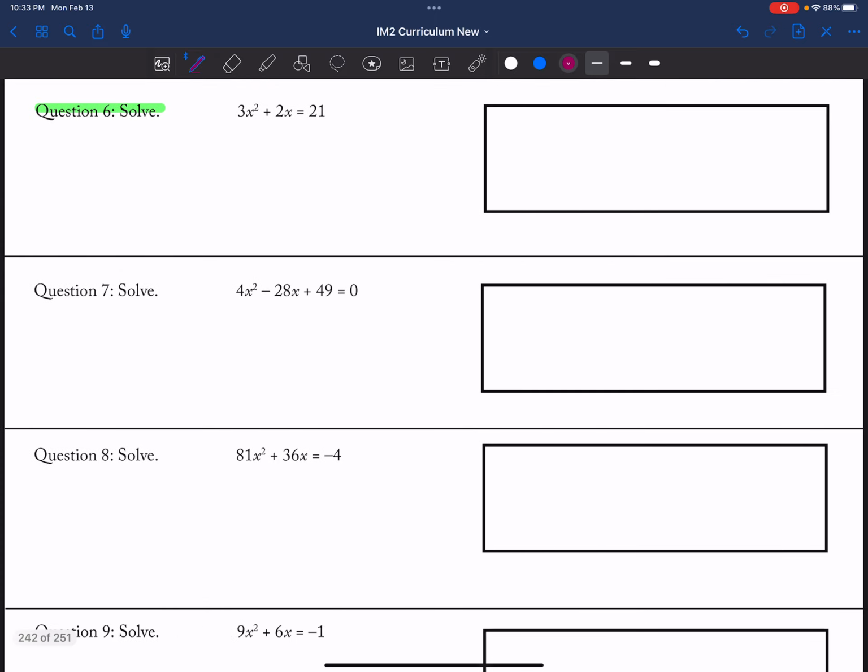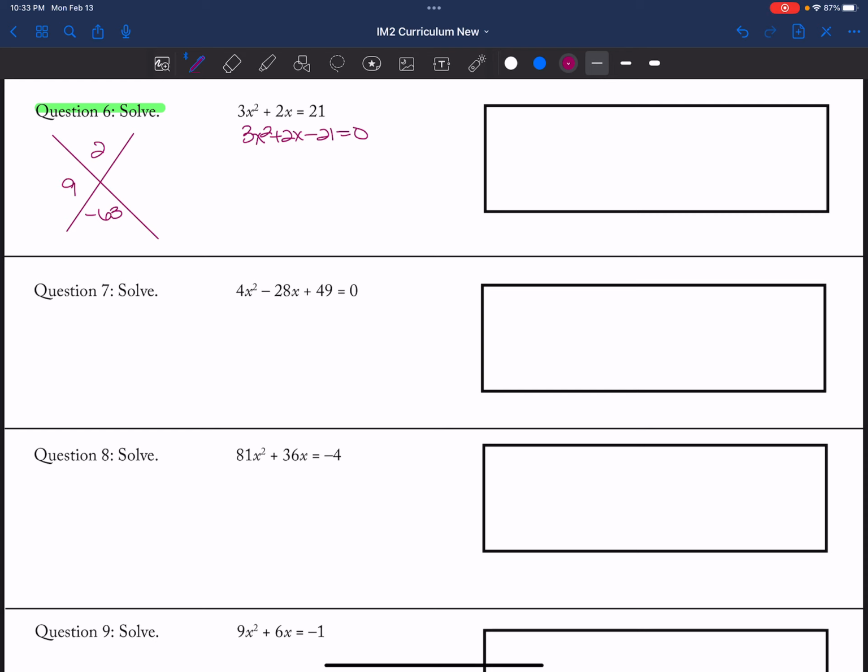Okay, 6. So 3x squared plus 2x minus 21 is equal to 0. So I have my x, I have my 2 on the top, I have somebody on the bottom, negative somebody, 63.